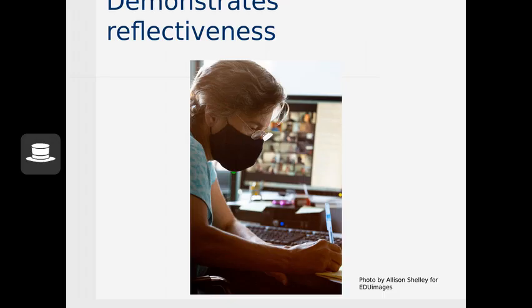Give examples of the kinds of changes you've made and how those types of things have improved your courses. Another example that some people often put into teaching philosophies is examples of things that didn't go well and what you learned from those. That shows reflectiveness as well.